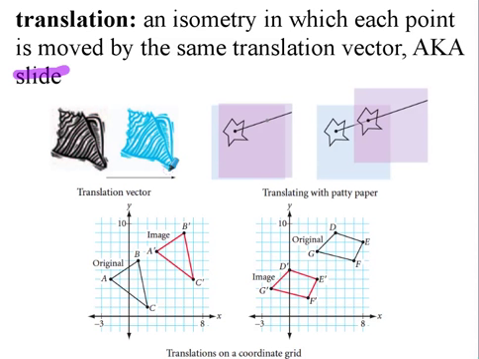And then a translation on a coordinate grid. Basically, you're doing the same thing to X as you do to Y for each individual point. So that's what a translation is. We need to think of a translation as a slide. Okay, let's go ahead and look at what we have next.